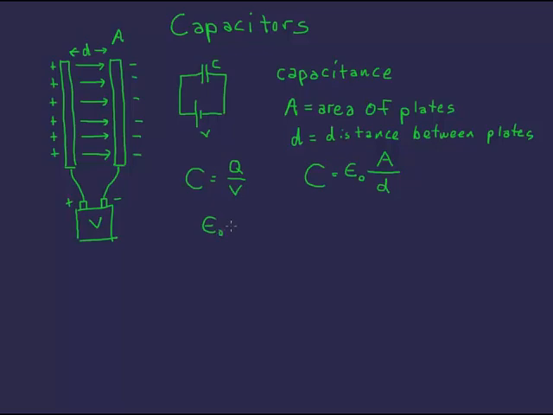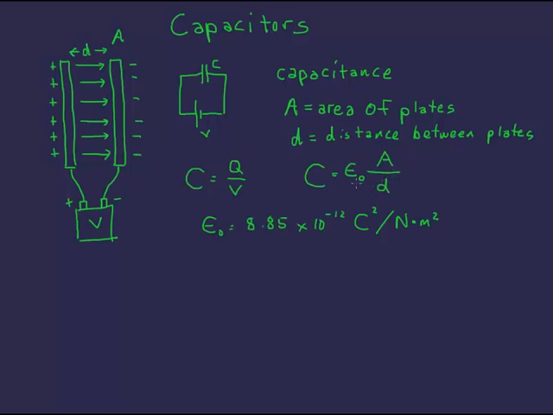Epsilon naught value, again, is 8.85 times 10 to the negative 12 Coulomb squared per Newton meter squared. If I have to find the capacitance of a capacitor, and I know the area of its plates in meters squared and the distance in meters, I would just use this formula to find the capacitance.